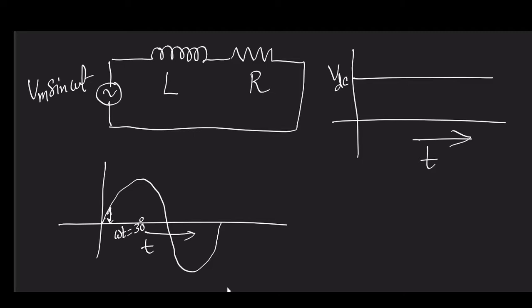If I switch at omega t equal to 30 degrees, the voltage at the very beginning that will appear across this is something like Vm by 2. This is a very important thing. Okay, I forgot to introduce a switch here.